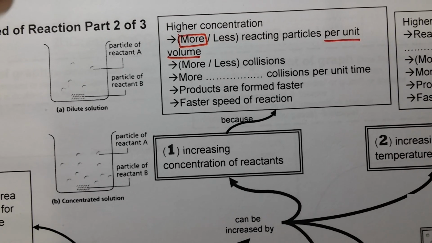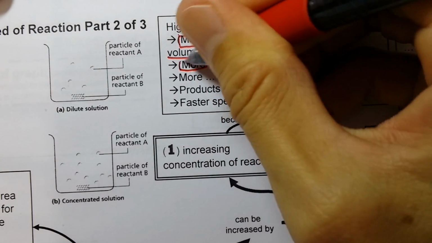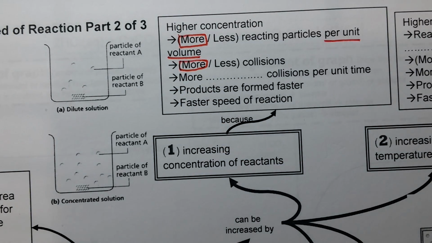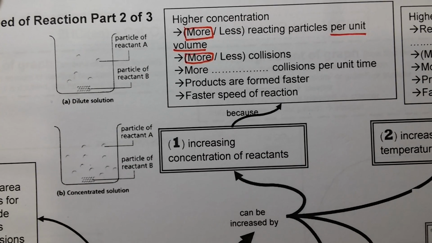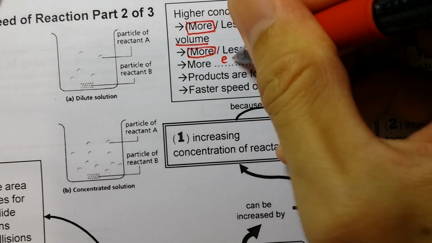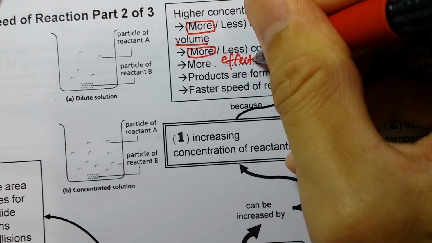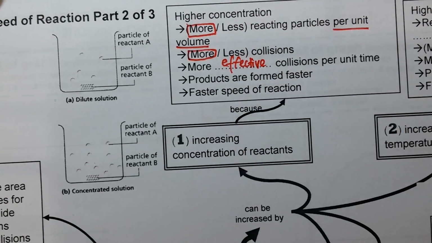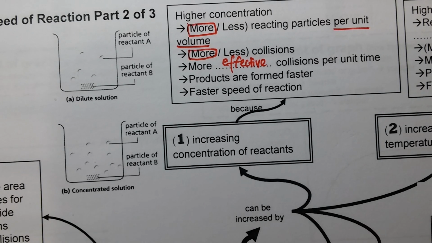When there are more reacting particles per unit volume, there will definitely be more collisions. When there are more cars on the highway, there will definitely be more collisions. Touch wood. So more collisions means that there will be more effective collisions. More collisions on the highway, there will definitely be more fatal collisions.